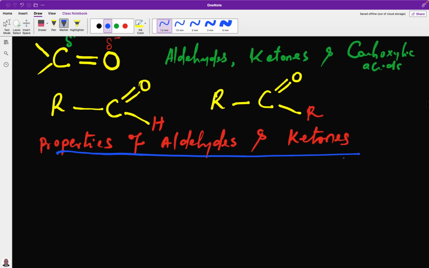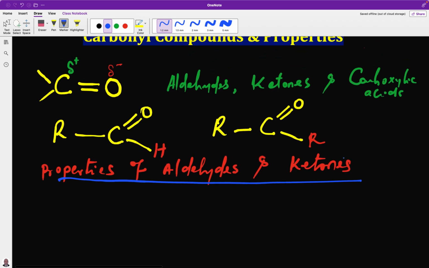This is it here. The carbonyl group is polar, with carbon having a partial positive charge and oxygen a partial negative charge. This is as a result of the difference in electronegativity.